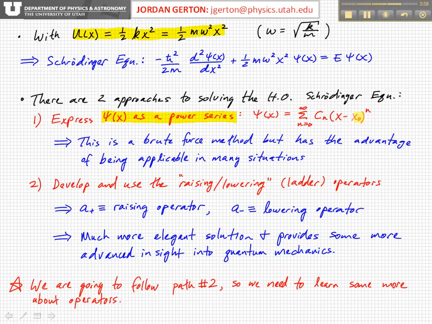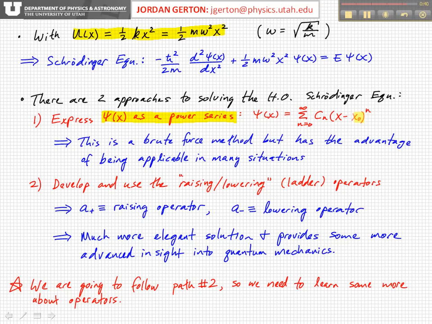we're going to pursue a different, more elegant solution, which basically is going to allow us to learn something more about quantum physics and about operators in particular. We've already discussed operators a little bit, but we're going to learn a little bit more.